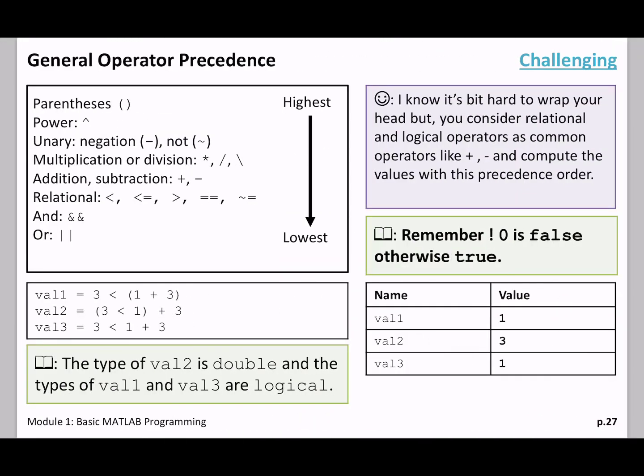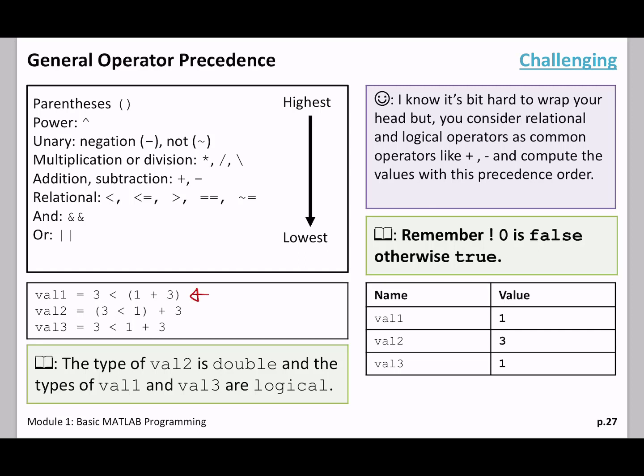So there is precedence between these operators. Okay, I know it's a bit hard to wrap your head around, but you consider all these as operators, and then compute the value with this precedence order.